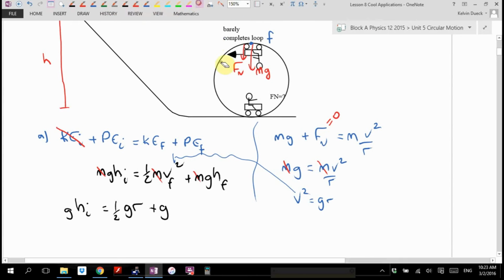Look up. How far from here to here, what do I call that? As a letter? How far is the height in terms of r? 2r. Yeah? Let's do that.